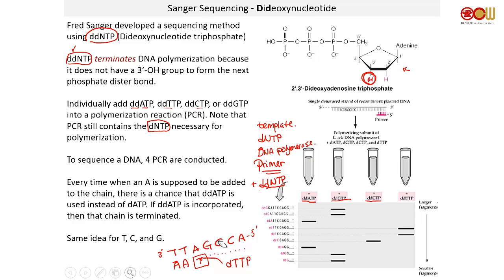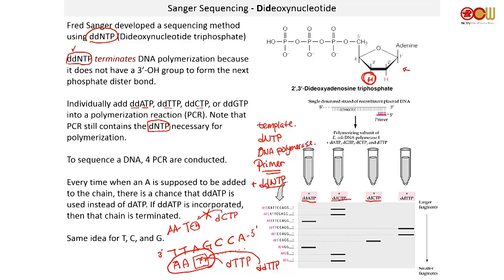However, by chance, if you have ddTTP in the reaction, you will incorporate it and generate T, and then here's an H. You don't have the 3' hydroxyl anymore, so the next dCTP cannot add on, because you don't have the 3' hydroxyl to react with your next triphosphate coming in. As a result, you stop right here.